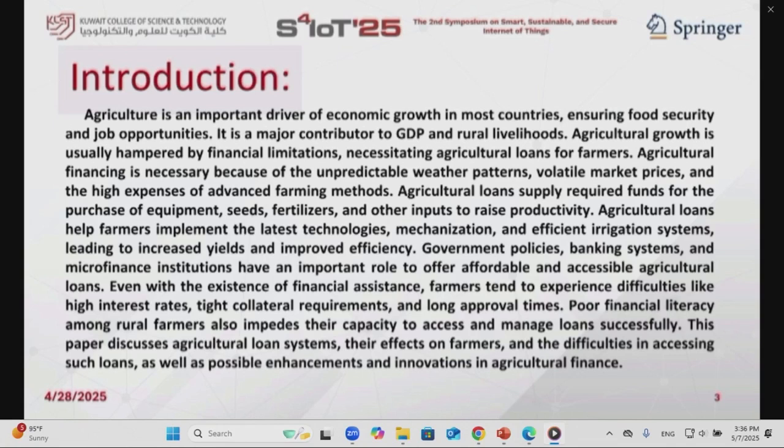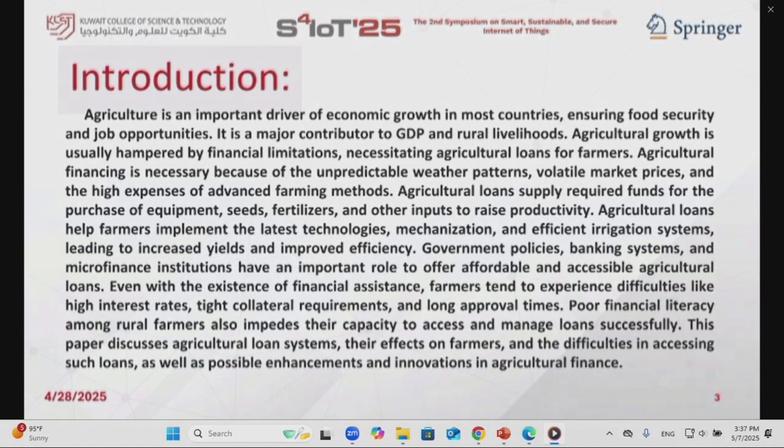Government policies, banking systems, and microfinance institutions have an important role in offering affordable and accessible agriculture loans. Tight collateral requirements, long approval times, and poor financial literacy among rural farmers also impede their capacity to access and manage loans successfully. This paper discusses agriculture loan systems, their effects on farmers, and the difficulties in enhancing such loans, as well as possible enhancements and innovation in agriculture financing.